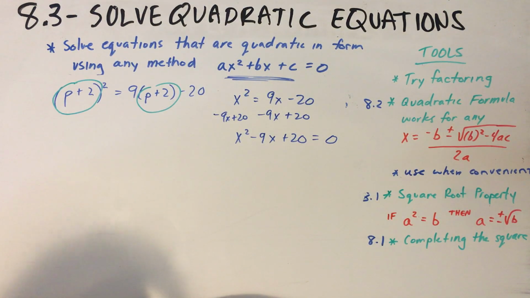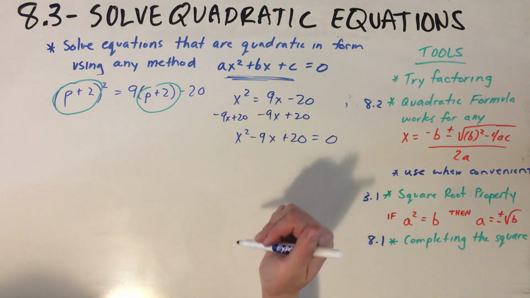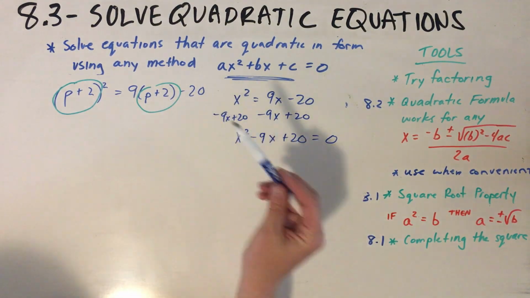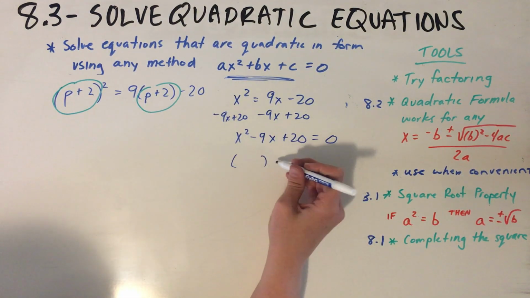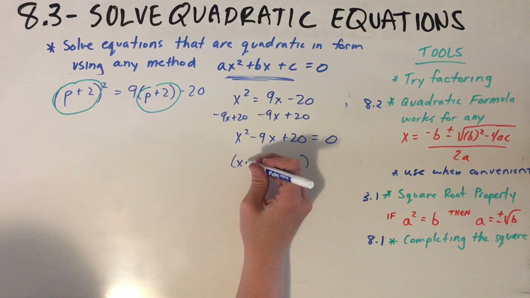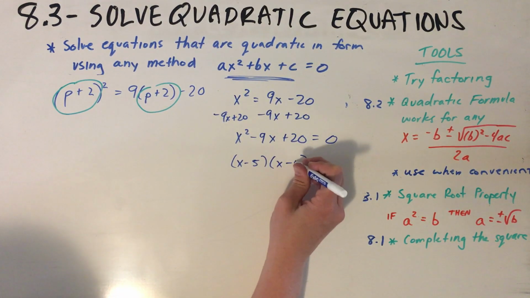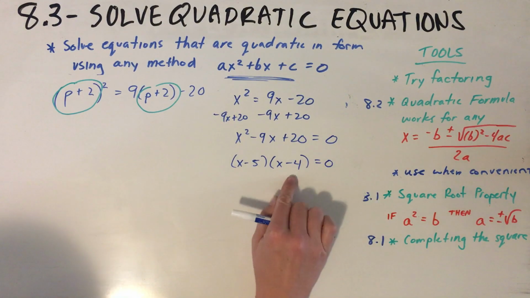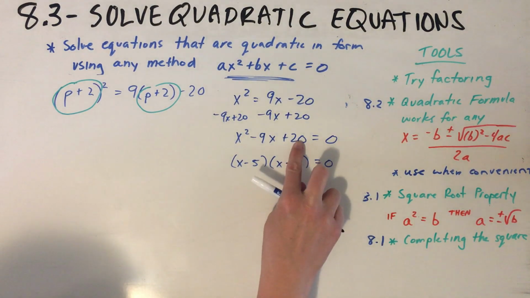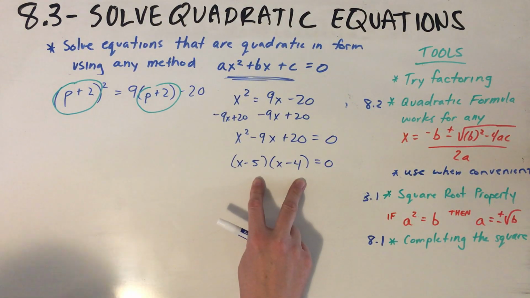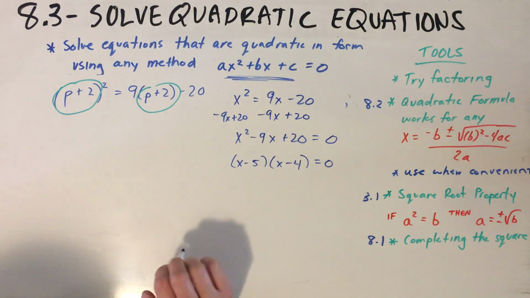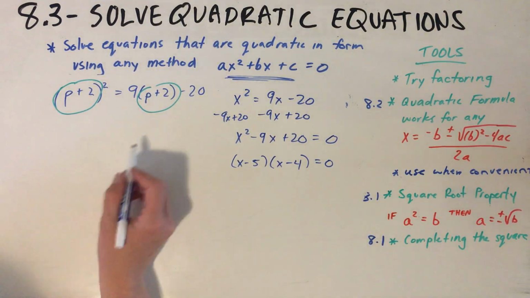Sweet. So if I wanted to factor this, again, this is another trinomial. So even though this looks crazy, this is just going to be x minus 5 and x minus 4, because -4 times -5 is 20, a positive 20, and -4 plus -5 is -9.